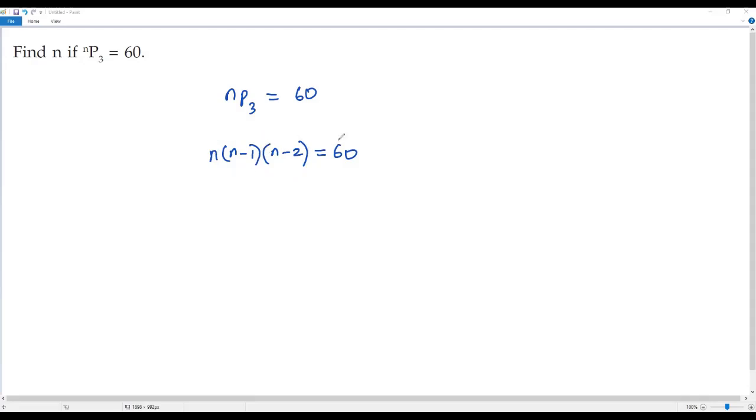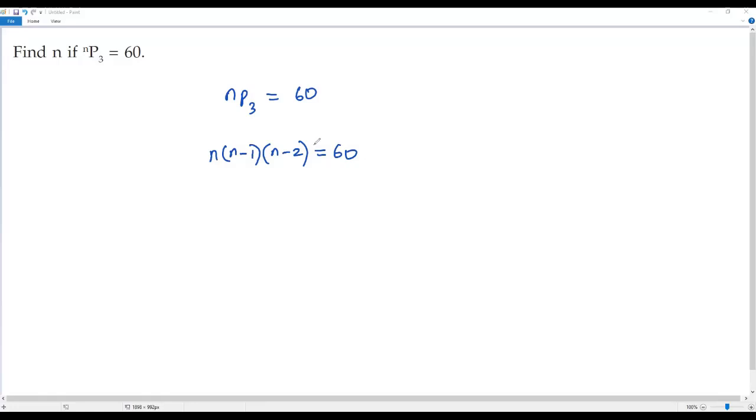If possible, we can write 60 in the same form, so that we can compare the greatest value on the left side and the greatest value on the right side, and easily get the value of n. If you multiply out these three quantities, you'll get a cubic equation, which is harder to solve.